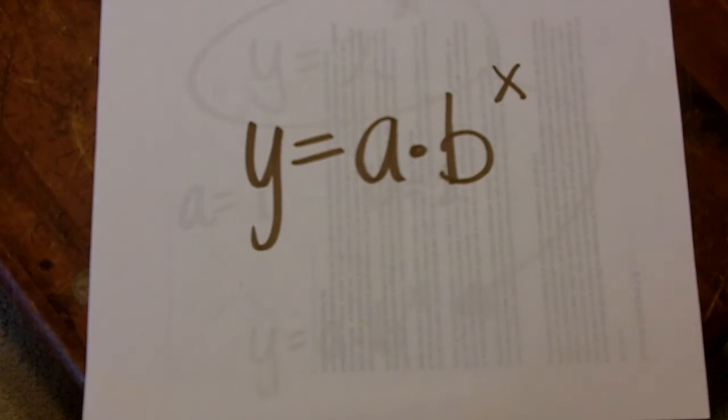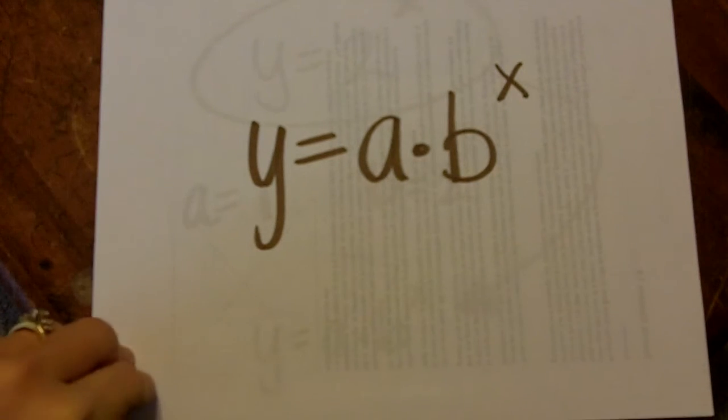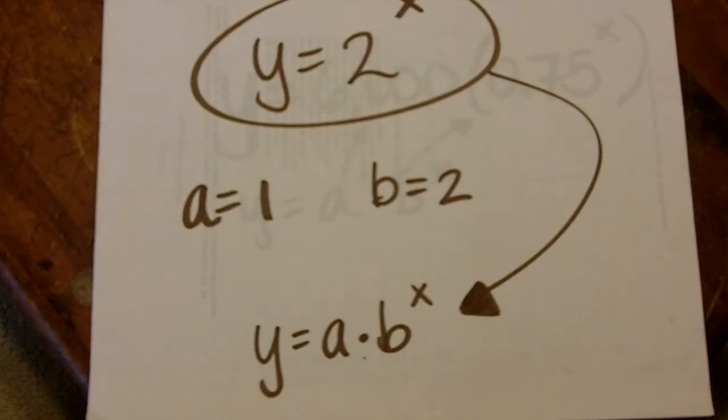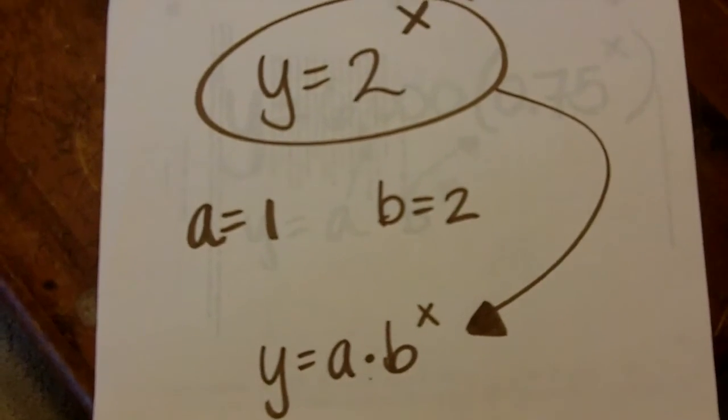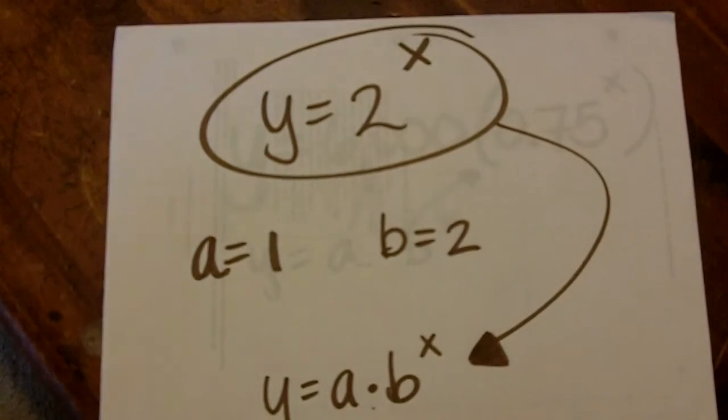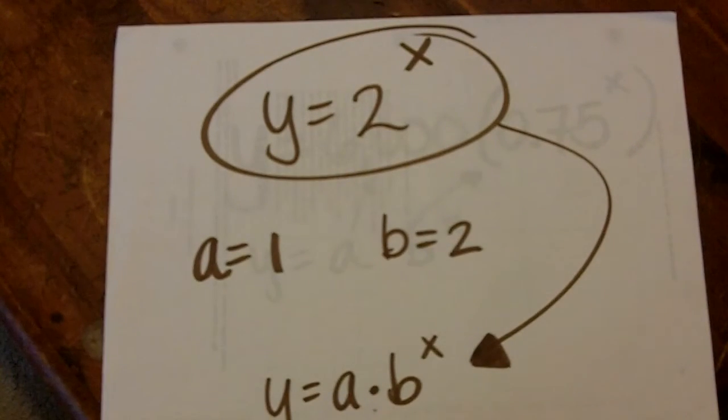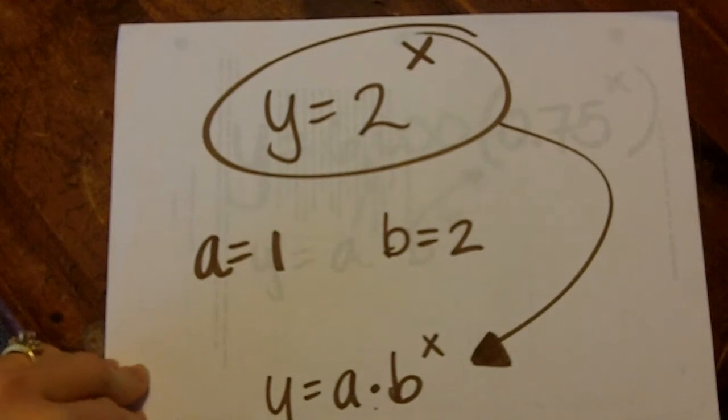Now, the formula for an exponential function, as it is called, is y equals a times b to the x. In the formula we just talked about with the person doubling their knowledge, our a would be 1, our b is the 2, and of course x is just the exponent, so it's referring to the decades.